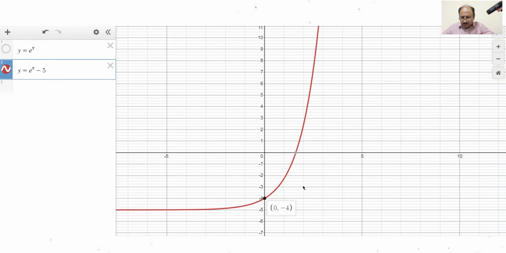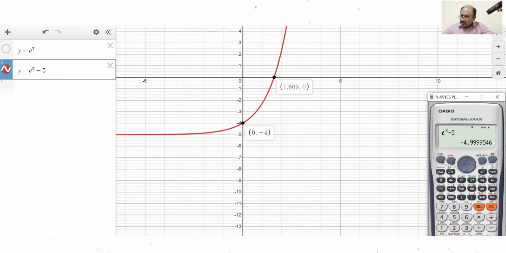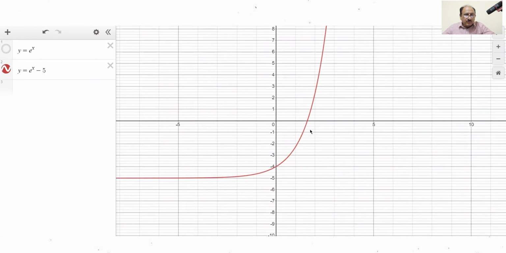You can see this is (0, -4) and this is the x-intercept, and this is the y-intercept. The x-intercept you can see is 1.609, which is the log 5 value, which we checked also. Even now we can check, this is the log of 5 value, and this is equal to 1.609. So you can check here, 1.609 is the exact value which it is showing.